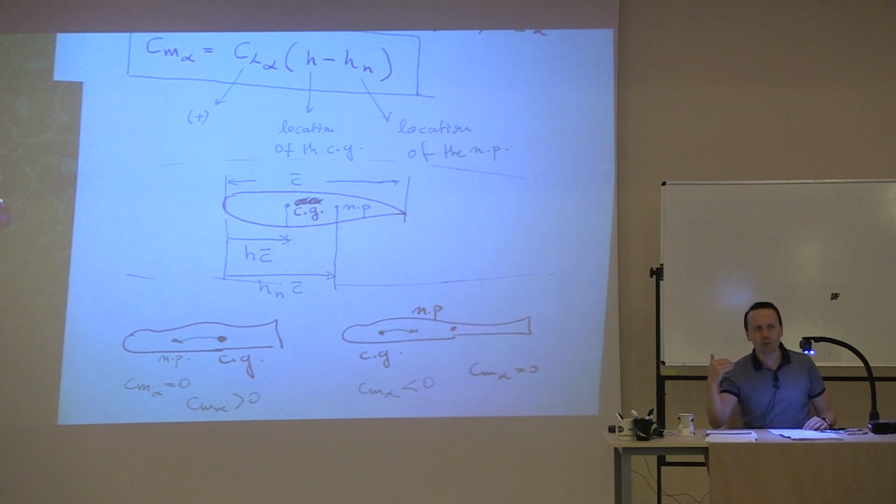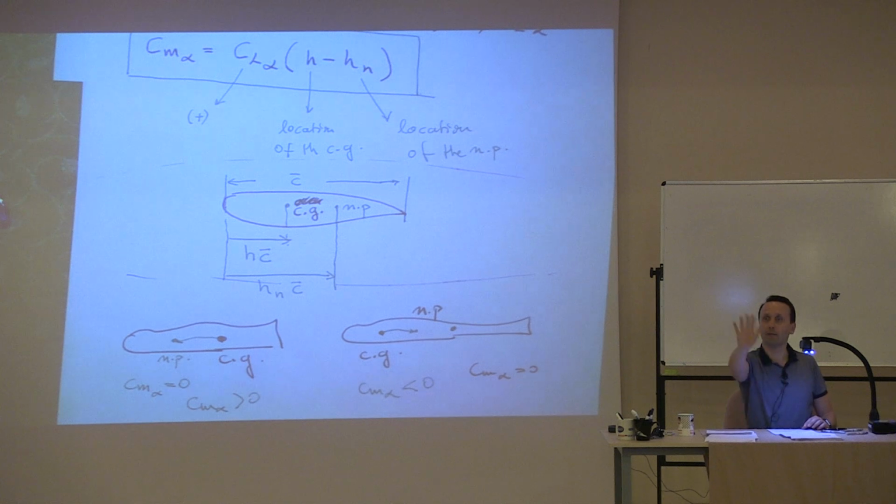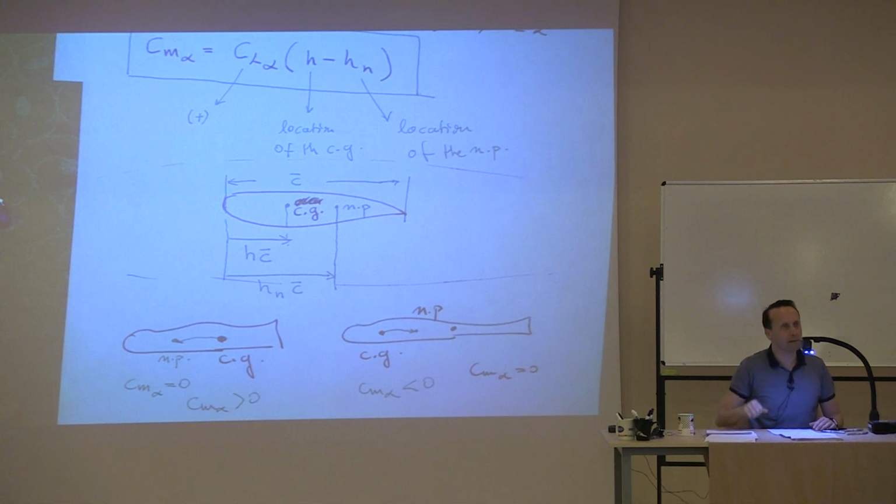You moved the CG to the front. Remove the weight in front of that airplane. Did you ever try to throw your airplane without the weight in front of the nose? What happened? It became unstable. Move the CG to the front, it's magic. You just throw it and it flies.